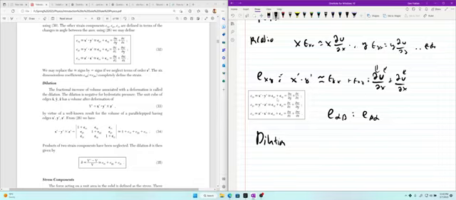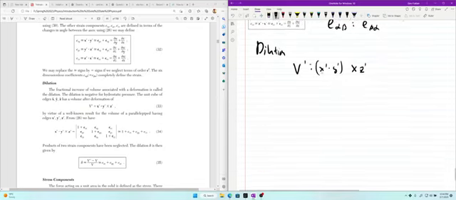But okay, so dilation. The fractional increase of a volume associated with a deformation is called dilation. So the dilation is negative for hydrostatic pressure. So the unit cube of edges x hat, y hat, z hat has a volume after deformation of, well, how do we find the volume of something? We take the dot product and cross it with a third, right? So v prime is x prime dotted y prime, normally put in parentheses, cross z hat, right? That's the volume. So the easiest way to do this is you can rewrite this as the determinant of x, y, and z above.